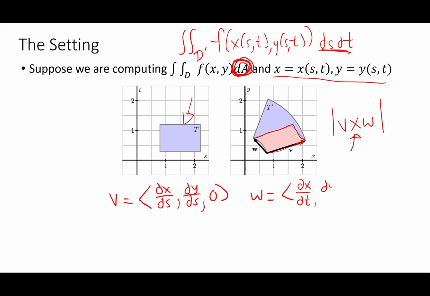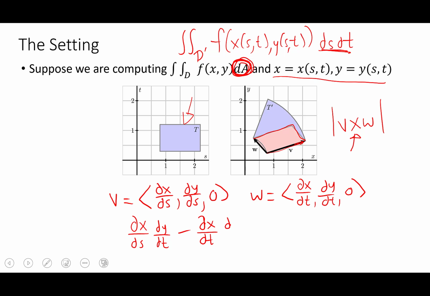And so the cross product of these two vectors is going to give you dx/ds times dy/dt minus dx/dt times dy/ds. Let's go back. This should be dx/ds, dy/dt, there we go.